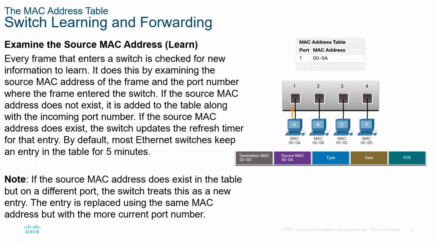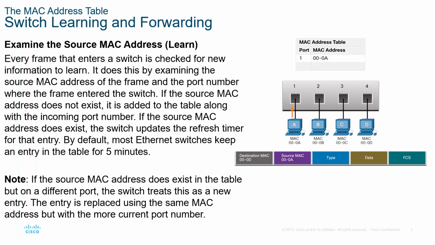Now, in this slide, I will explain the learning and forwarding process in the MAC address table. First, let us look at how a switch learns the source MAC address. Every frame that enters a switch is checked for new information to learn. The switch does this by examining the source MAC address of the frame and the port number where the frame entered the switch.